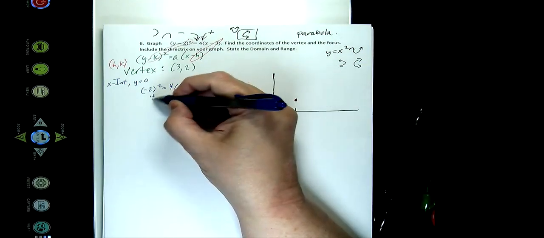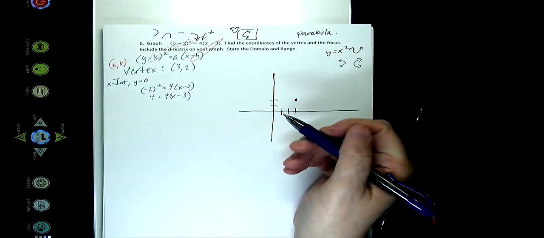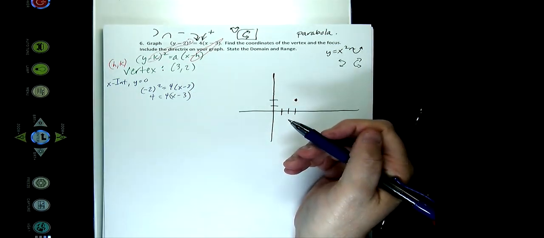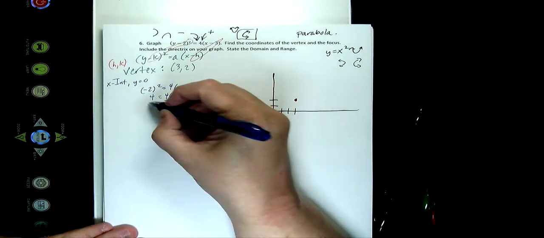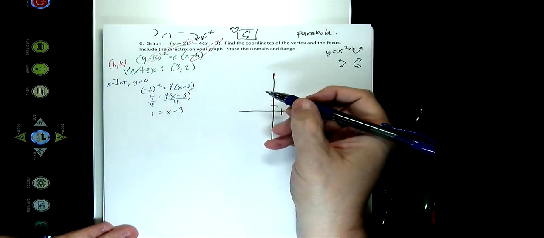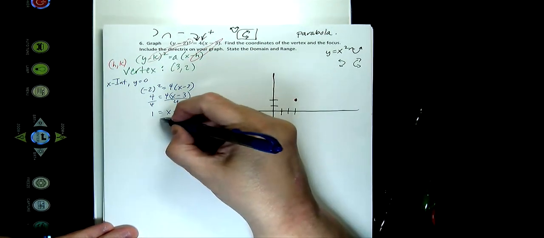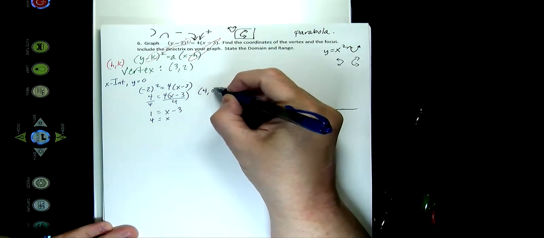So 4 equals 4(x minus 3). I could distribute, but I like what I see here. If I divide by 4 right here, I just get 1 equals x minus 3, and I get x equals 4. So I have an x-intercept at (4, 0).